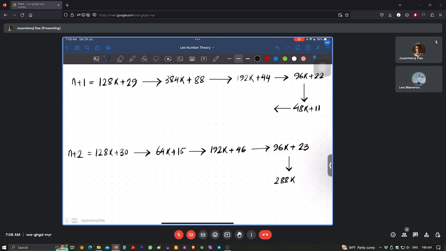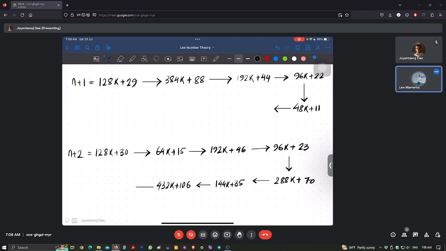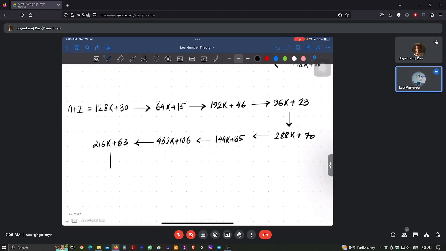Let us see. 288k plus 70, then 144k plus 35, then 432k plus 106, then 216k plus 53, then 648k plus 160, and so on until 162k plus 40.